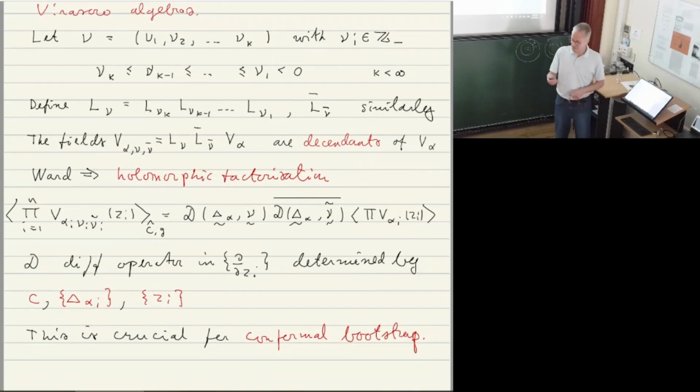And once the dust settles, from this Ward identity, this correlation function is given by some differential operator acting on the points, a holomorphic differential operator and an anti-holomorphic one. They don't talk to each other at all. One depends on the indices in the L and one on the L bar indices. And it's completely determined by the structure constants, by C, the conformal anomaly, and these coefficients here.